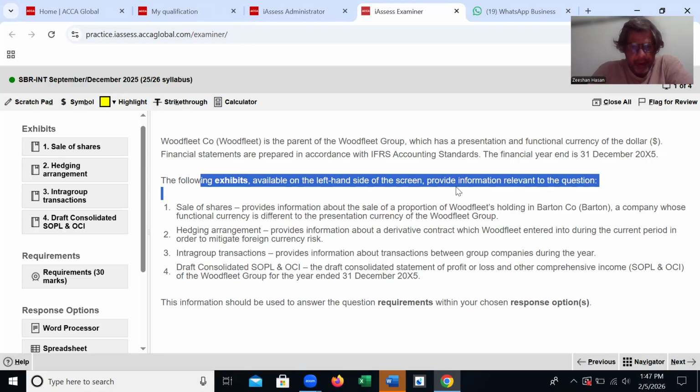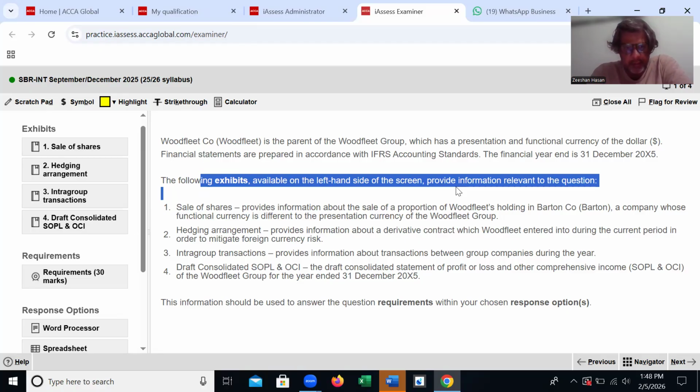The first one is sale of shares, which provides information about the sale of a proportion of Woodfleet's holding in Barton Group, a company whose functional currency is different to the presentation currency of the Woodfleet Group. Hedging arrangement provides information about a derivative contract which Woodfleet entered into during the current period in order to mitigate foreign currency risk.